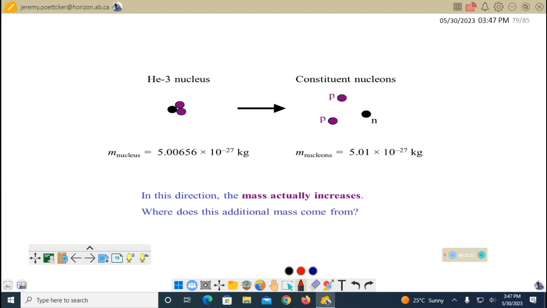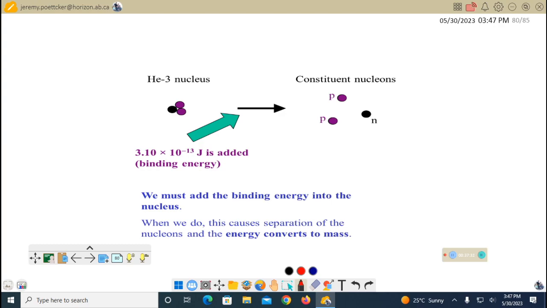We've got to add energy, so mass plus energy will give us this. And so we add 3.10 times 10 to the negative 13 joules. That's the binding energy. We add that into the nucleus, and that's going to cause the separation of the nucleons, and the energy converts to mass.